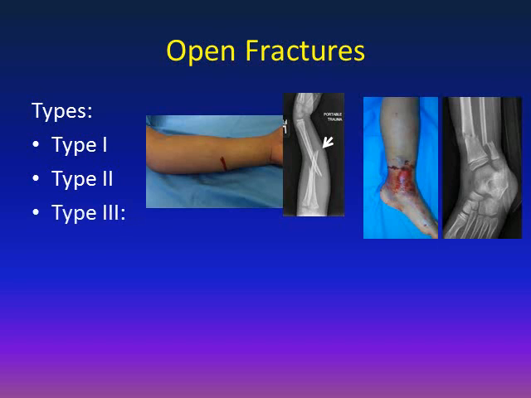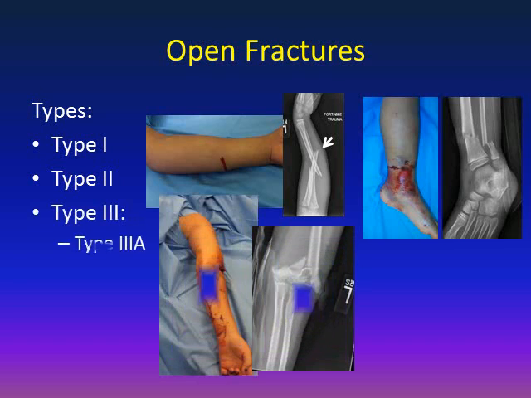Type 3 is further classified to A, B, and C. Type 3A is an open fracture in which the bone ends can be seen through the laceration, as you can see in this example. Distal humeral fracture with the distal humerus can be seen from the fracture and from the skin laceration.